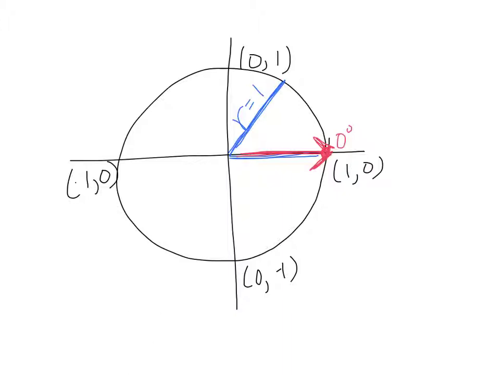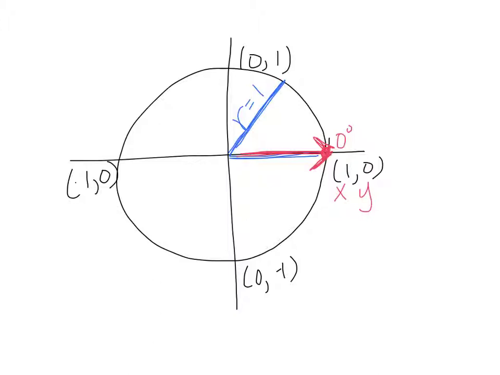The unit. Your 1 is your x value. The 0 is your y value. Why is the y value 0 there? Didn't go up any. Simple explanation. Why is the x value 1? Because it's over 1 unit.